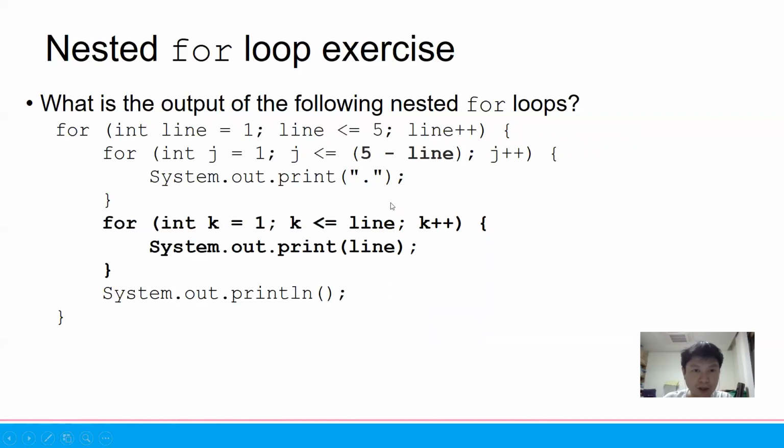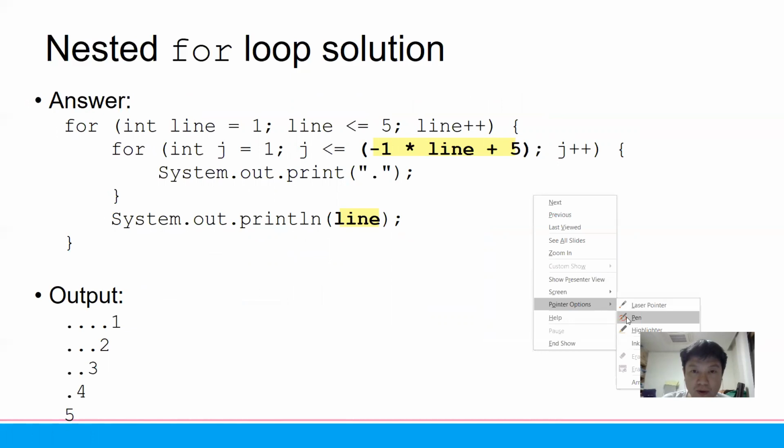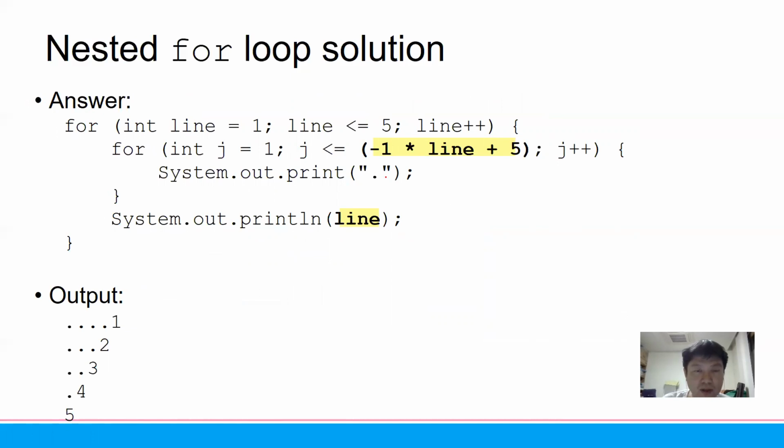So we have the dots and the line. This one is 1 2 3 4, the dots.